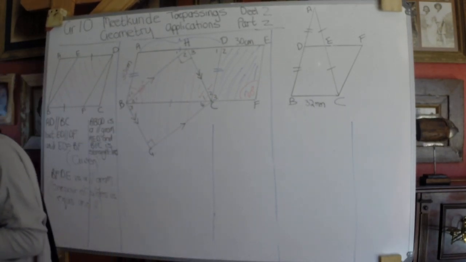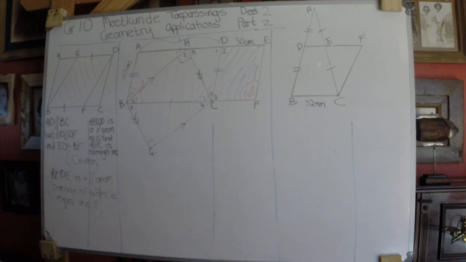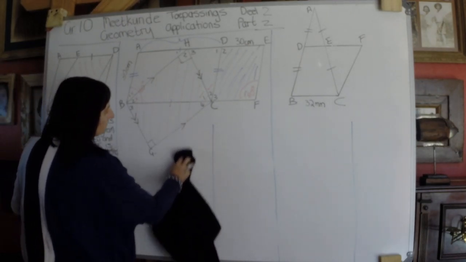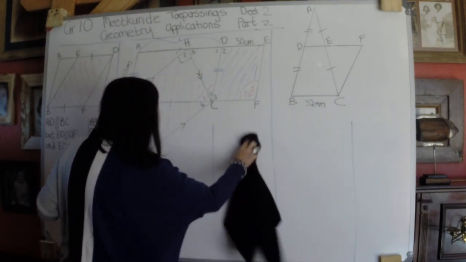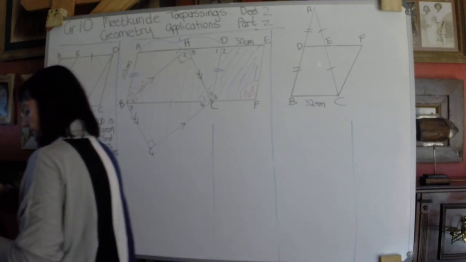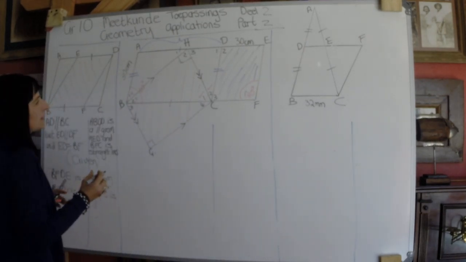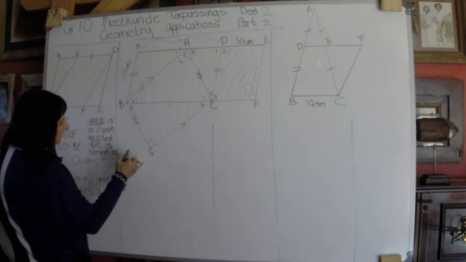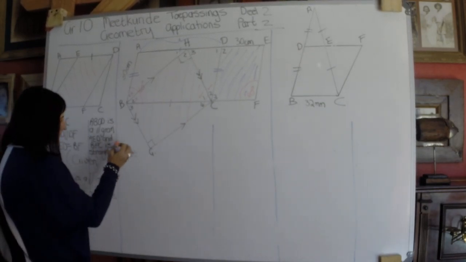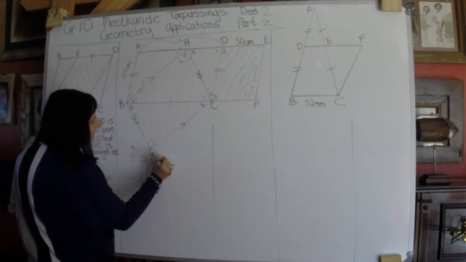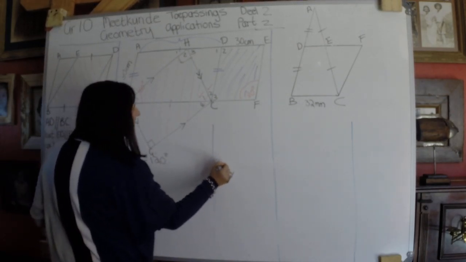Okay, let's start there. Begin by hoek F is gelyk aan 120 grade. That's been given.